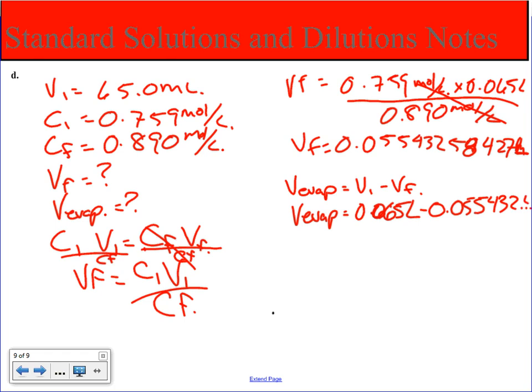And that should be equal to 0.009567415 liters.